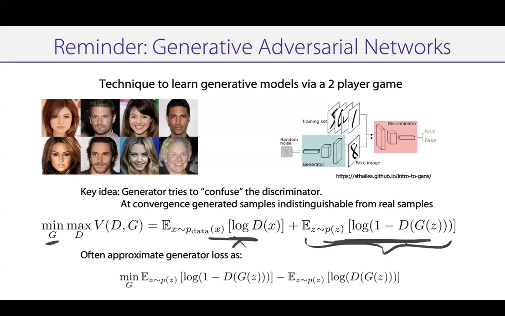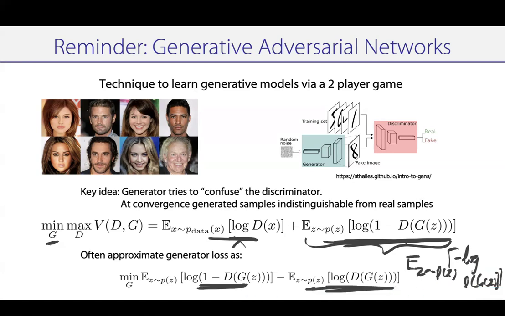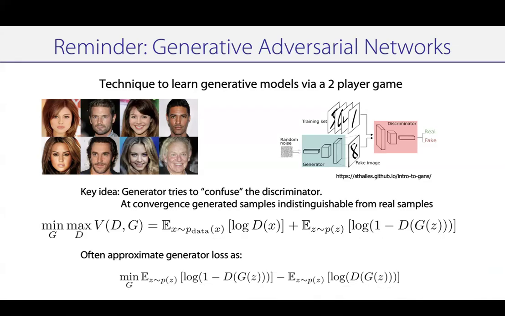And so the objective that you often optimize in GANs is a combination of this thing and the expectation of minus log D of G of Z. And so you have some combination of 1 minus D of G and minus log D of G of Z, and they show that it does a lot better. So often the objective we're going to optimize for the generator is some combination of this 1 minus D objective, which is the normal classification objective, and this minus log D objective.